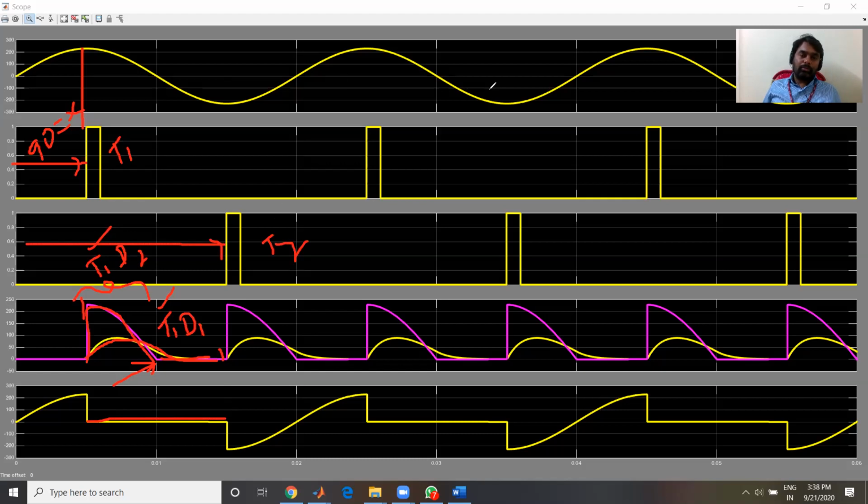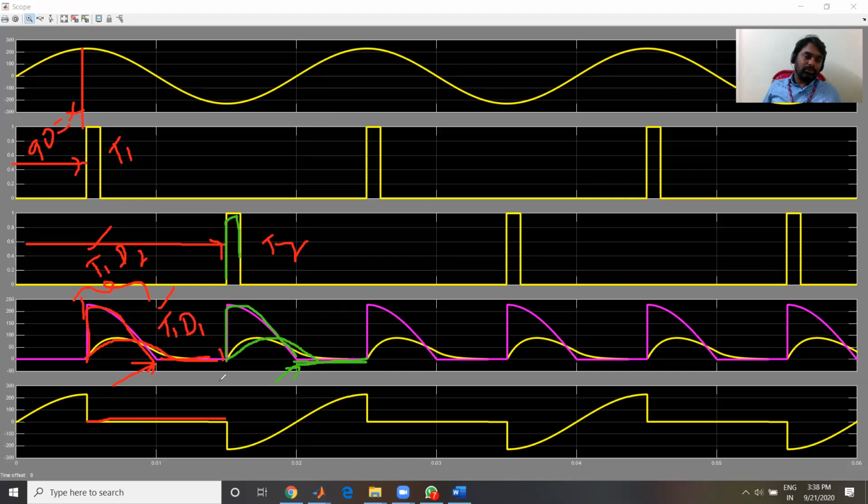Okay. Again, if I trigger T2 at pi plus alpha, 180 plus 90 degrees, 270, from this point on, the output voltage has to follow the input voltage. So it is following like this. And the current is lagging the voltage by some angle like this. Okay. Now current is lagging, and after this point omega t equal 2 pi, you can see the output voltage again is zero.